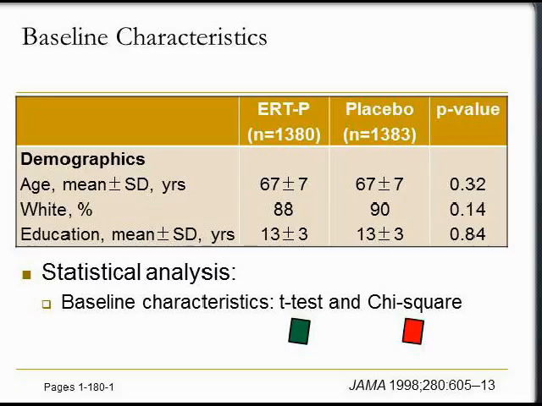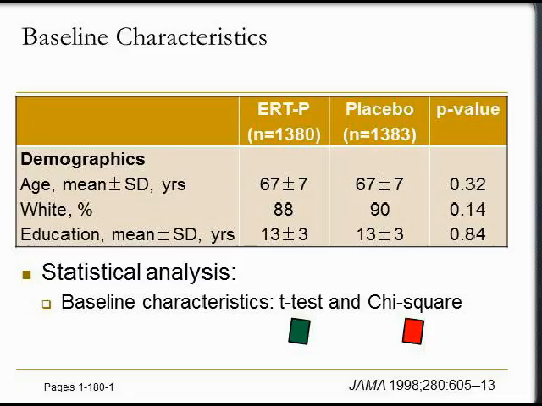Okay, and I would probably stop there and say, does that look like what the inclusion and exclusion criteria in terms of age was for enrollment in this trial? And, you know, for lack of a better way, I think it does. Okay, we don't have standard deviations that are 67 plus or minus 30, in which case we'd have a range in age from 37 to 97.